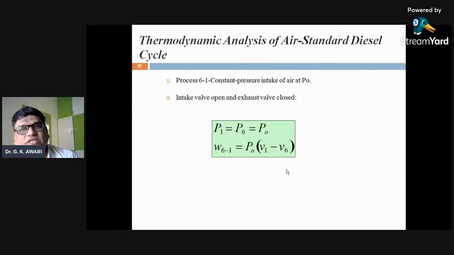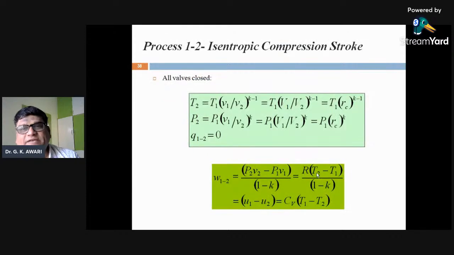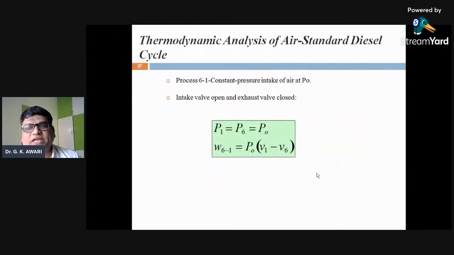So process 6-1 is the constant pressure intake of the air at P0, intake valve open and the exhaust valve closed. So P1 is equal to P6 is equal to P0. So work done 6 to 1 is P0 in bracket V1 minus V6.